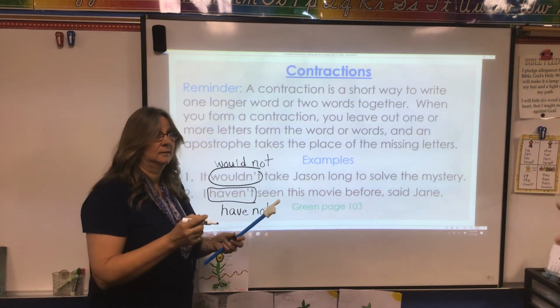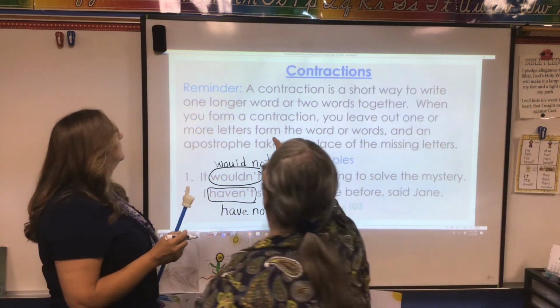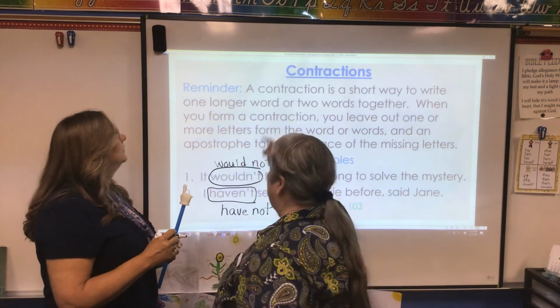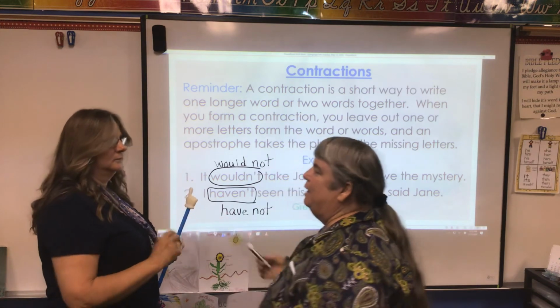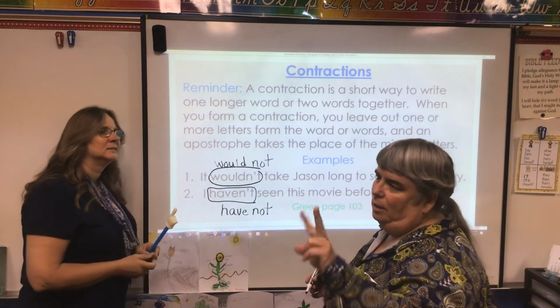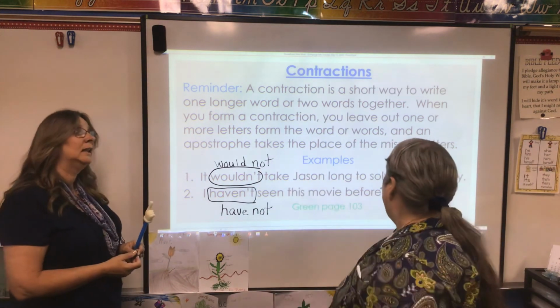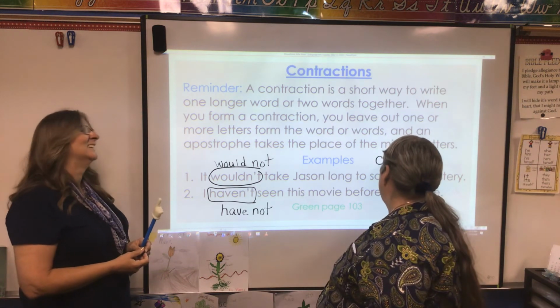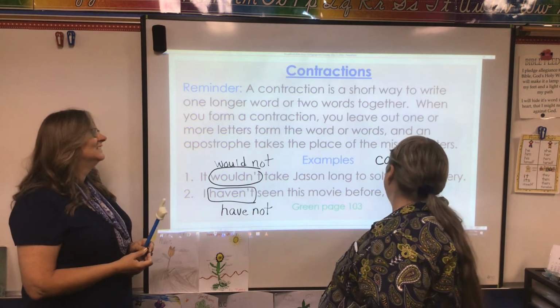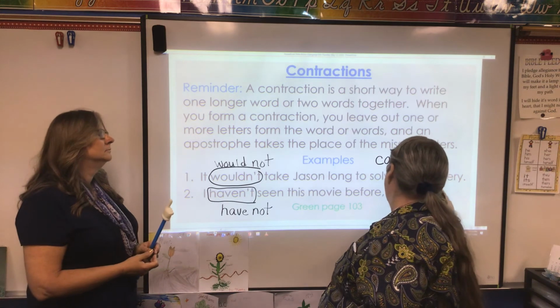Can I add one thing? I really love the fact that you said one longer word, because sometimes kids think it's always two words that become shortened. Like cannot. Cannot is my favorite one because cannot is one word.